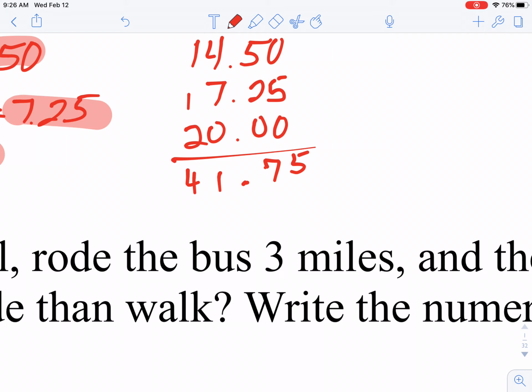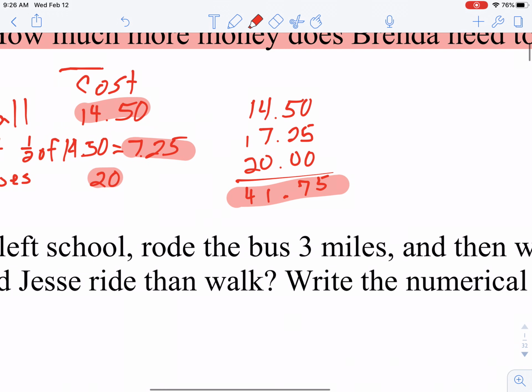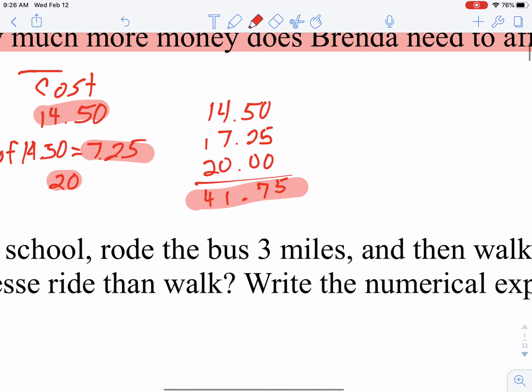So the total cost to buy all of the stuff is $41.75. But Brenda only has $15.80. So I'm going to take that $41.75 and I'm going to subtract Brenda's $15.80. The difference will tell me how much money she needs to be able to purchase all three.